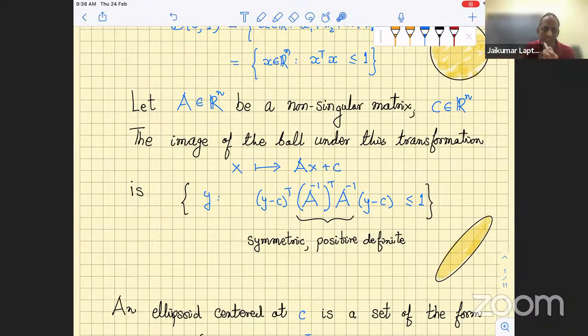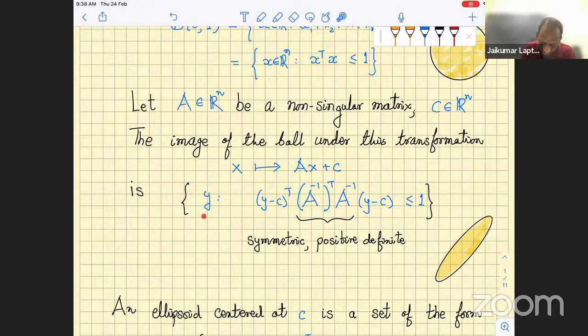It's just that we are trying to keep the center of the ellipsoid general. For most calculations, it's enough to understand what happens when it is just a linear transformation. The affine part of it doesn't add any complications.